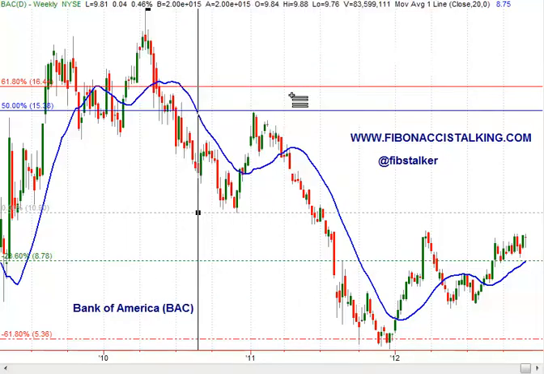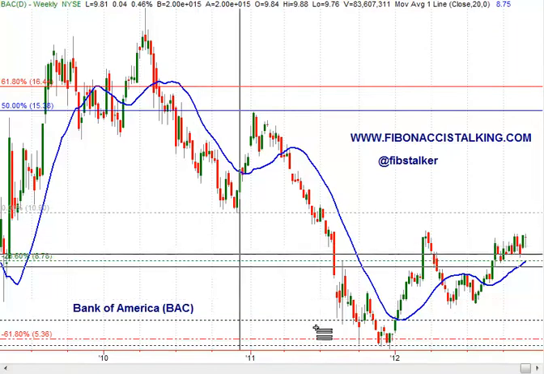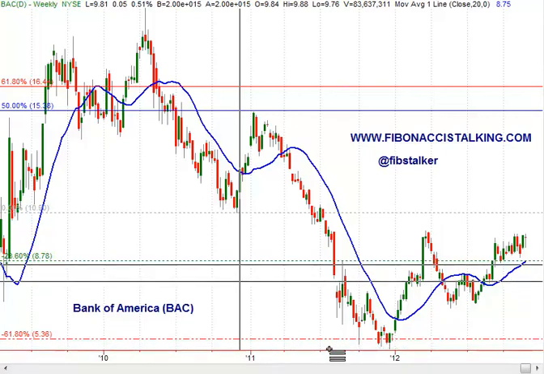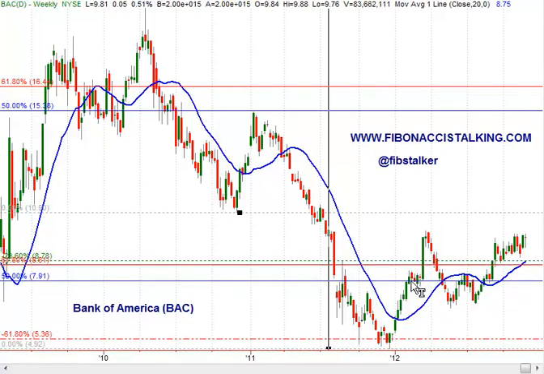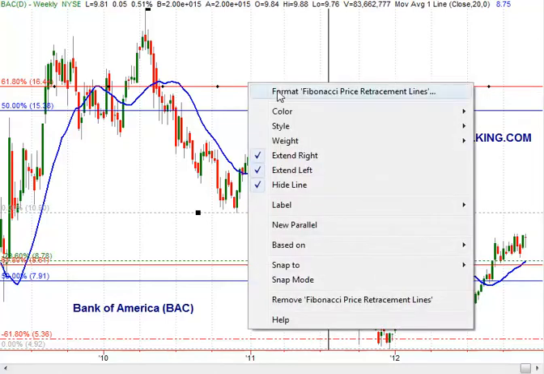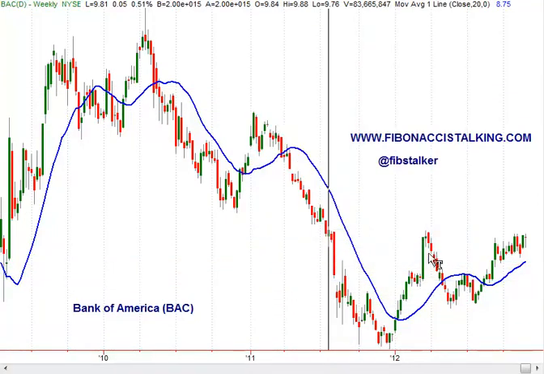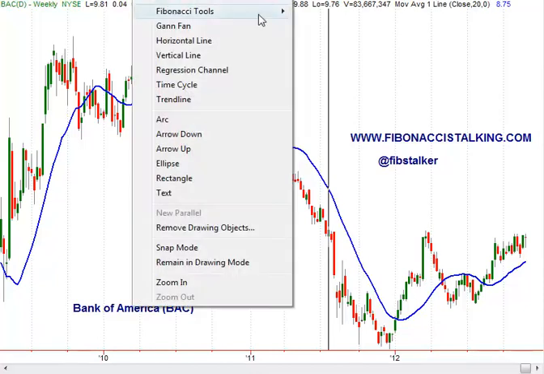A confirmation of the fact that this move lower was completed is when the next extension short did not trade. It found a little bit of participation around 7.90, and this could also stop price temporarily, because there was this burst higher here.